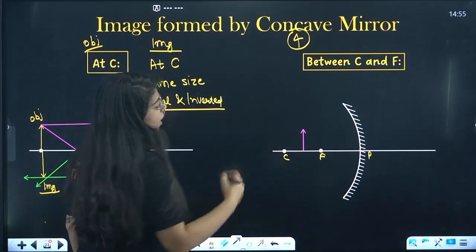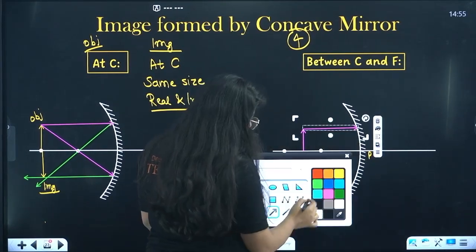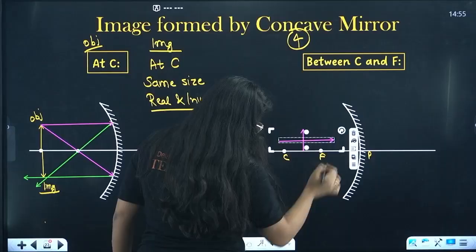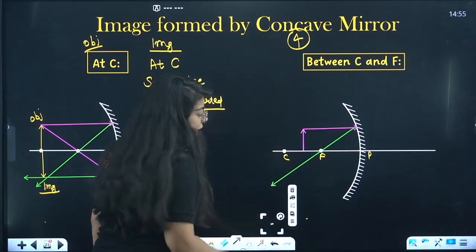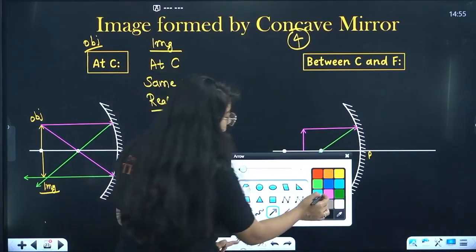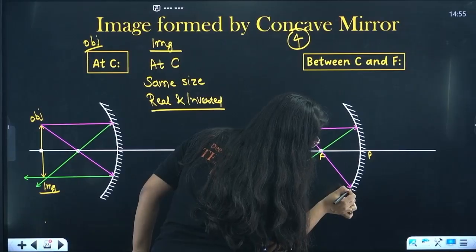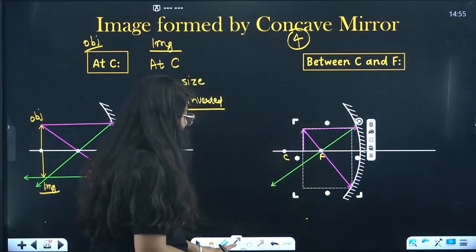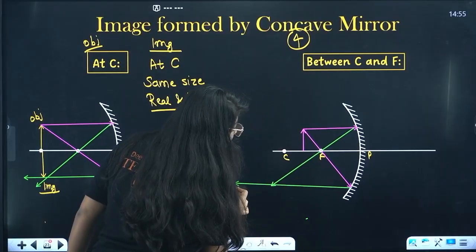Now what will happen? One ray will go parallel and it will reflect back and pass through the focus, right? Then again one ray will go and pass through the focus, and we will see that after reflection it will go parallel to the principal axis.